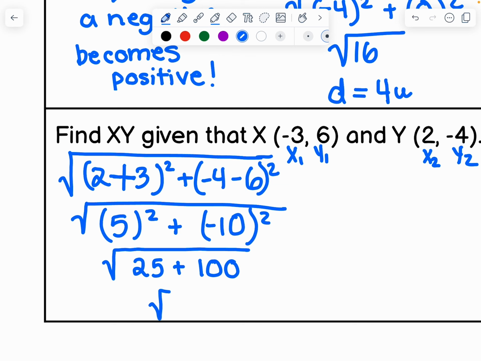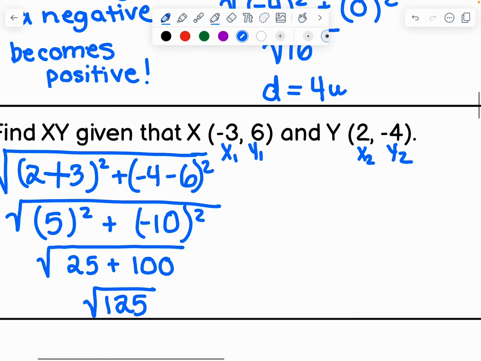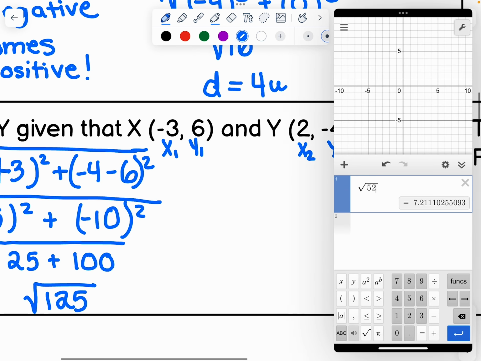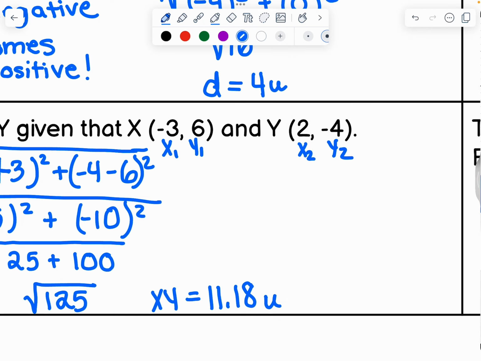And so 25 plus 100 is the square root of 125. And we're going to put that in our calculator, to find that the length of XY is 11.18 units.